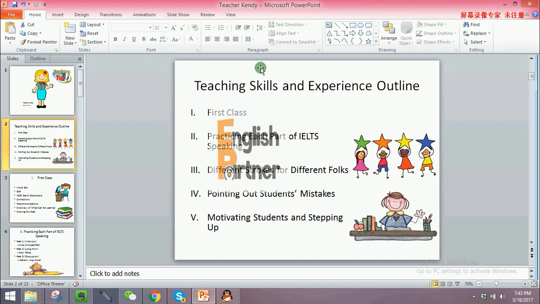The learning curves of different individuals are also distinct from each other, so I also have various ways in teaching them. Fourth is how I make my students aware of their mistakes. And lastly, the things that I apply to my trainees to motivate them and step up to become better than the person they were yesterday or before. Anyway, we'll go through them as we go through the slides.